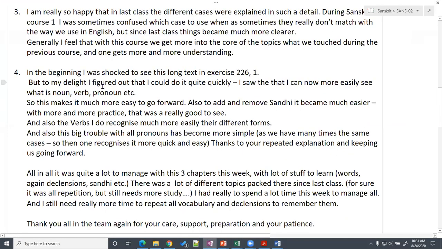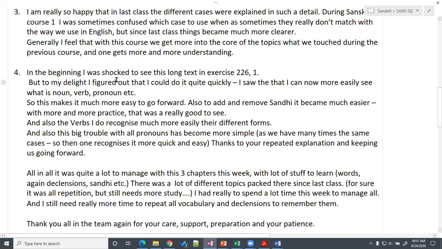But to my delight, I figured out that I could do it quite quickly. I saw that I can now more easily see what is noun, verb, pronoun, etc. So this makes it much easier to go forward. Also, adding and removing sandhi became much easier with more and more practice, and that was really good to see. Also the verbs, I do recognize.